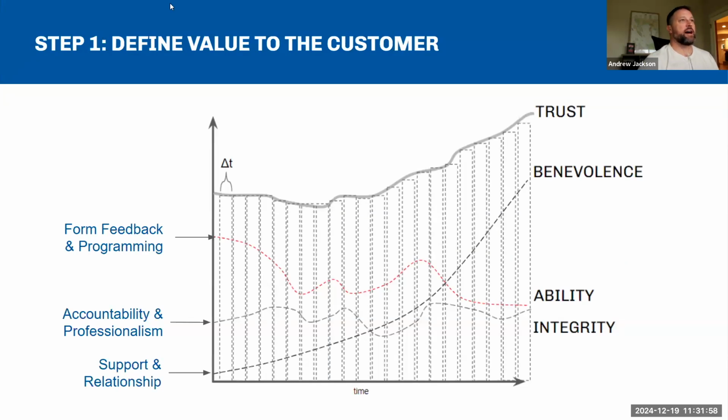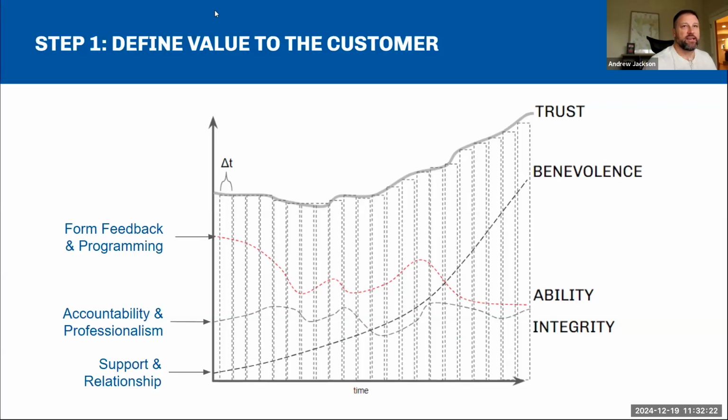So we talked about how to think about defining value from your customer's perspective. We talked about how we did that at Barbell Logic by asking our ideal customers what they valued about the service. And what we discovered, as discussed previously, is that our ideal customers valued the form feedback and programming, accountability, our professionalism, and the support in the relationship.